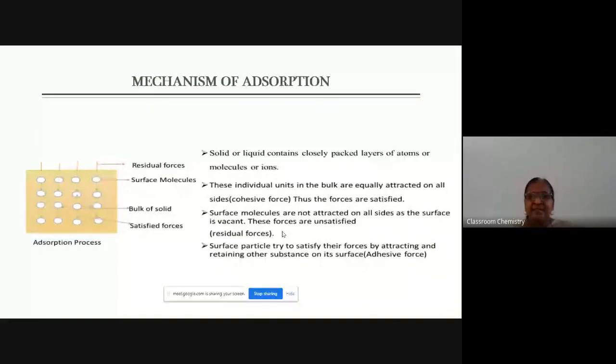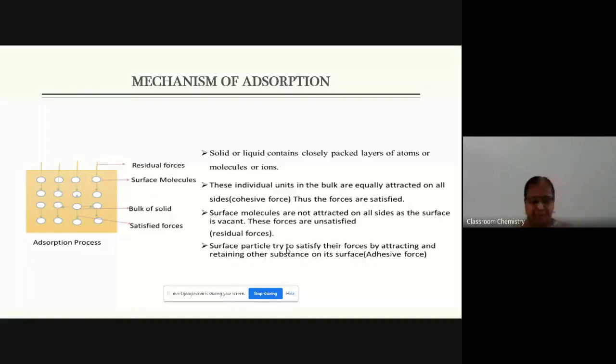म्हणजेच सरफेस पार्टिकल्स ट्राय टू सॅटिस्फाय देअर फोर्सेस बाय अट्रॅक्टिंग अँड रिटेनिंग अदर सबस्टन्स ऑन इट्स सरफेस. दॅट इज द अडेसिव्ह फोर्स. अडेसिव्ह फोर्स म्हणजे काय, force of attraction between two different substances.